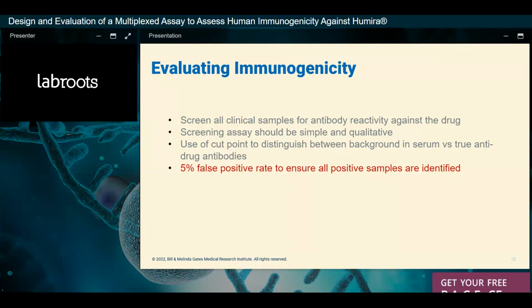And this cut point needs to be set statistically so that there is at least a 5% false positive rate. The worst thing that can happen is that if you have a patient that has these anti-drug antibodies and your assay scores them as negative, that would be a false negative. That is not what you want. So we always move these statistically, so if anything, it gives a false positive rate.